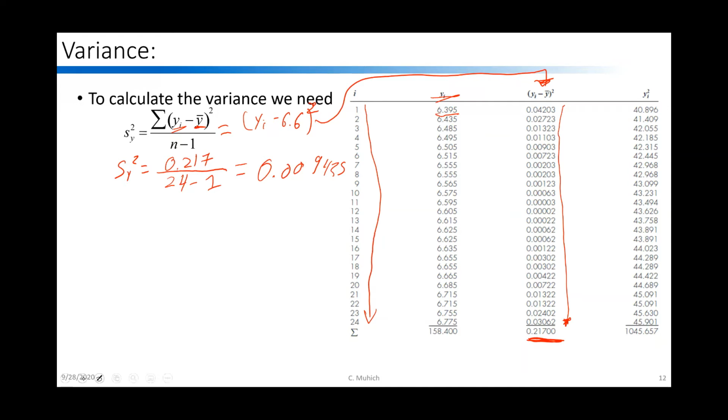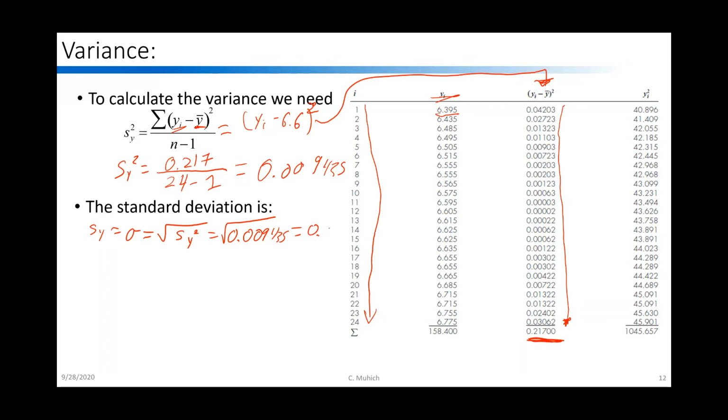The standard deviation is nice because if you remember, the standard deviation, S_y, which is our sigma, is just that variance taking the square root. So we can take that 0.009435, take the square root, and that gives us 0.097133.